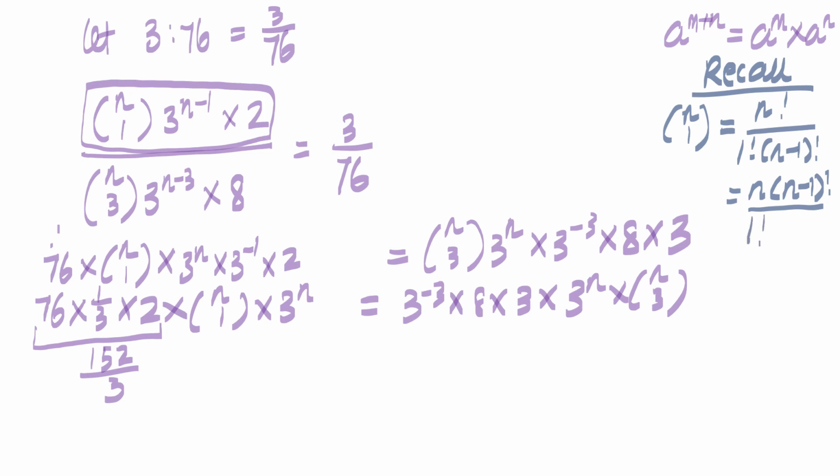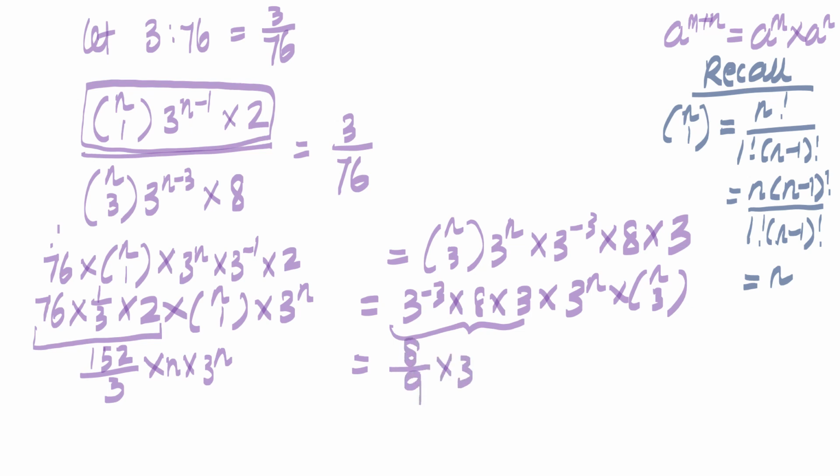It will show you how to evaluate, and this will give you n. So we can simplify nC1 to be n, and this, if you use your calculator to work it out, you would get 8 over 9. And nC3 we can simplify into n times n minus 1 times n minus 2 over 3 times 2 times 1.